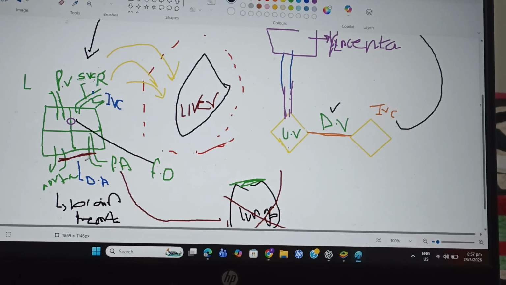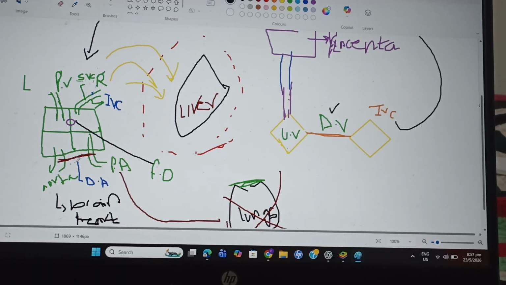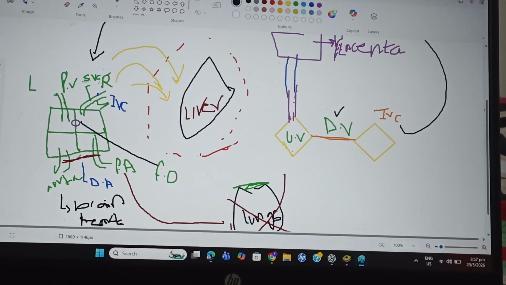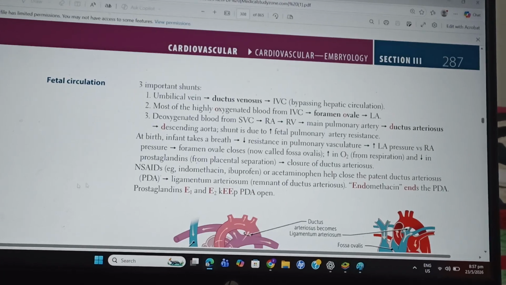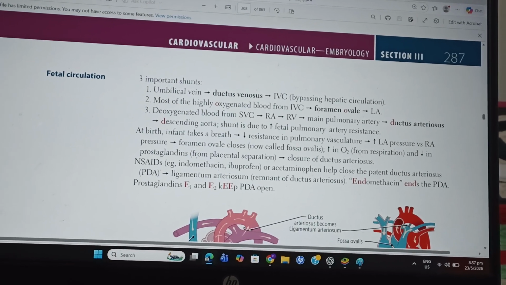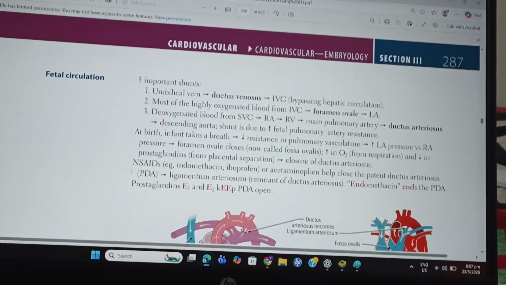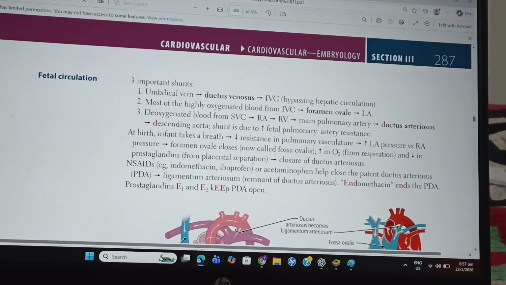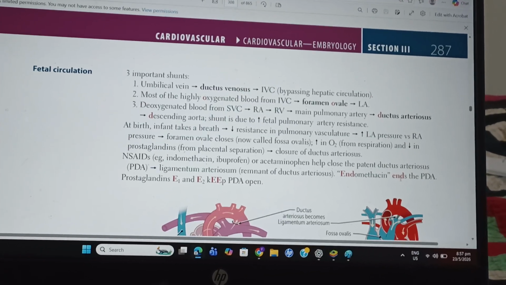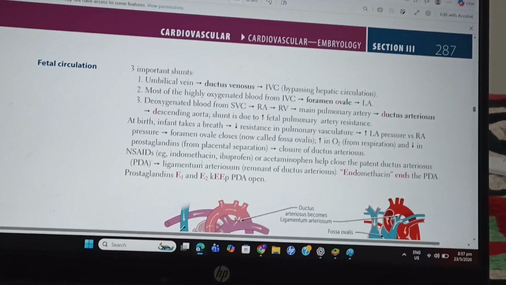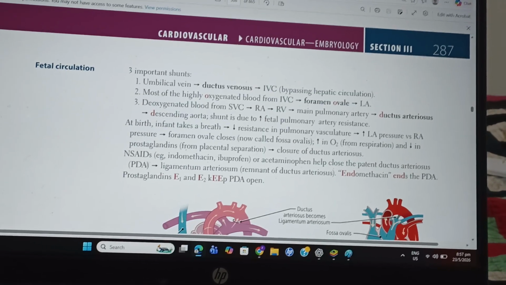Now this connection will separate. The pulmonary artery and aorta will do their own function. Now they will not be connected. So it is exactly what is said: a decrease in prostaglandin from placenta separation, and there will be closure of the ductus arteriosus. And now, as you can see, there is NSAID.